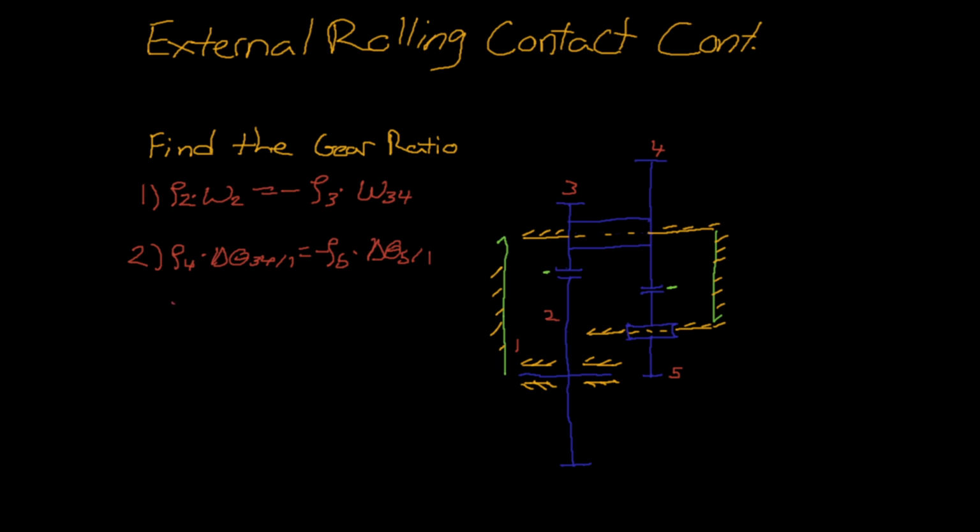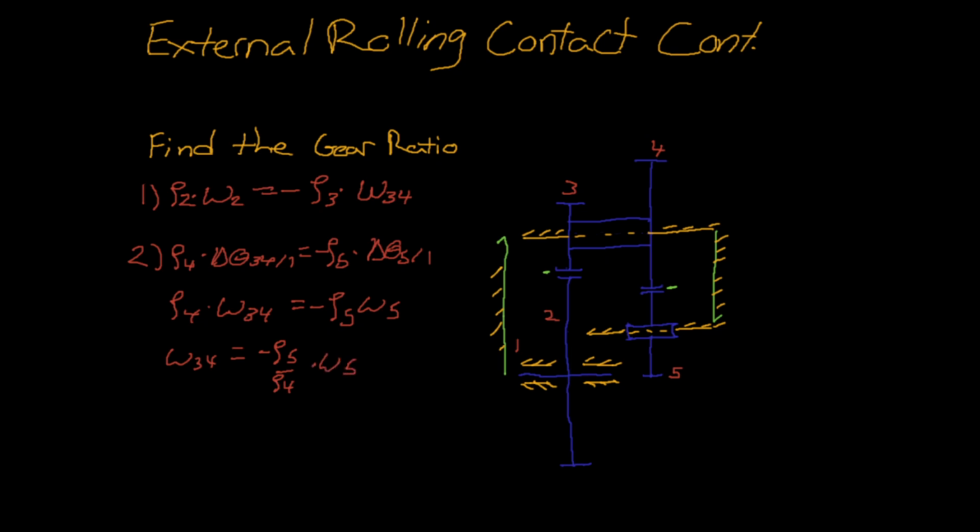So we have ρ4 times the derivative of delta theta 3, 4 with respect to 1. 1 is the ground, it doesn't move, so it's just going to be omega 3, 4, is equal to minus ρ5 times the derivative of theta 5, which is just going to be omega 5. Now let's solve for omega 3, 4, which is equal to minus ρ5 over ρ4 times omega 5.